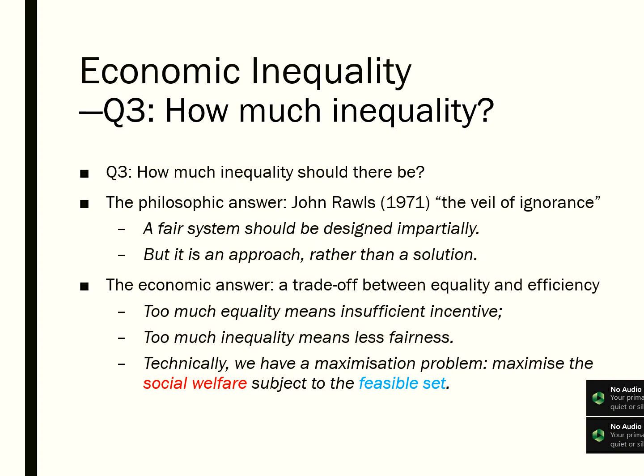But too much inequality means less fairness or less equality. So technically speaking, we can have a maximization problem as in all economic problems. We can maximize the social welfare subject to the feasible set. The question is, how do we define the social welfare function, and how can we find the feasible set?